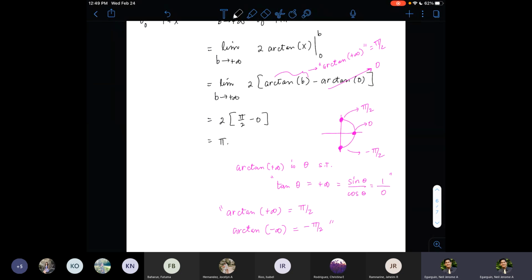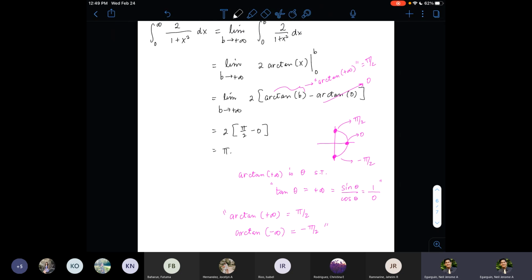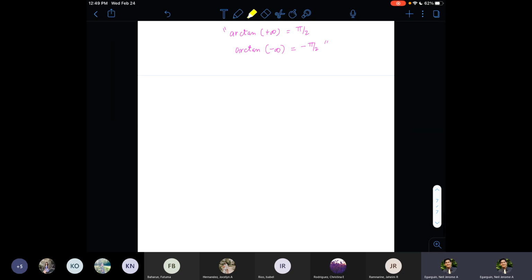Okay. And this is quite amazing because, and here goes again my nerdy side, remember how we interpret integrals? We interpret the integral to be the area under a curve, right? And if you go quickly to a graphing software, 2 over 1 plus x squared has this graph, something like this.